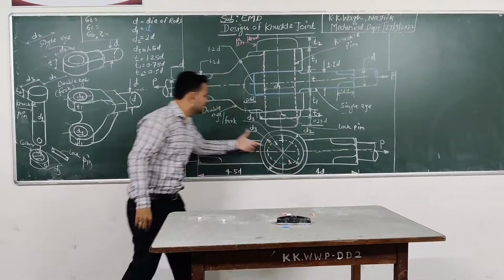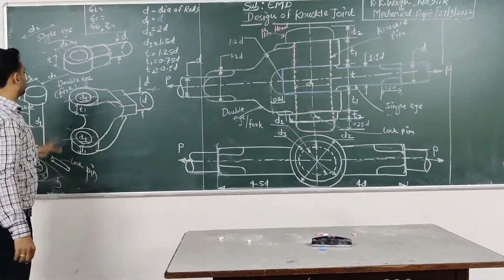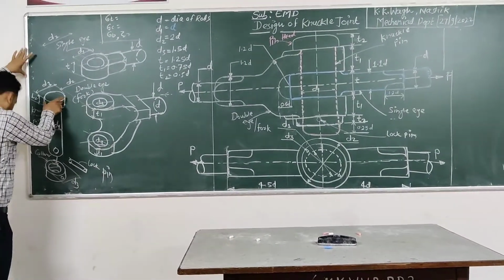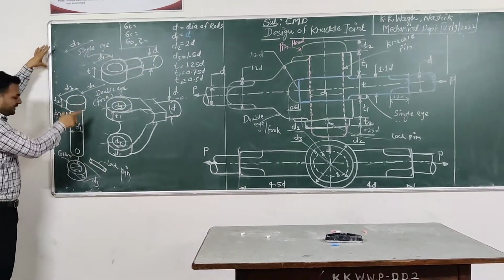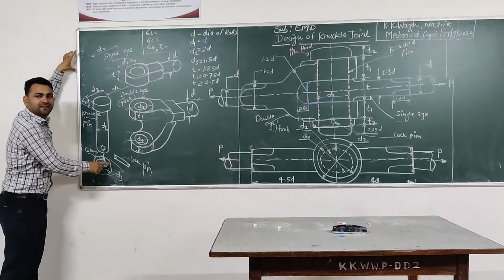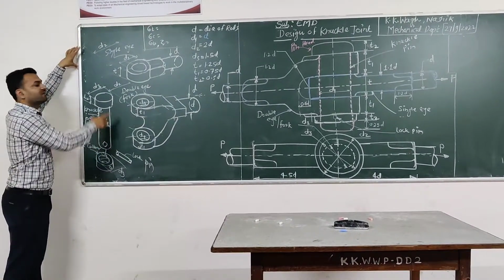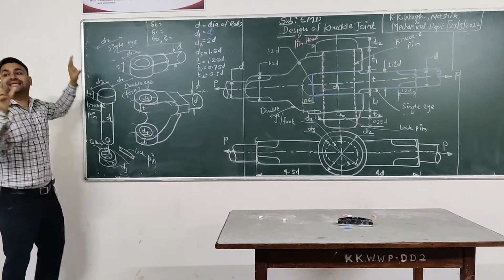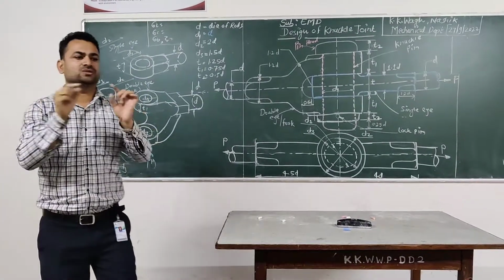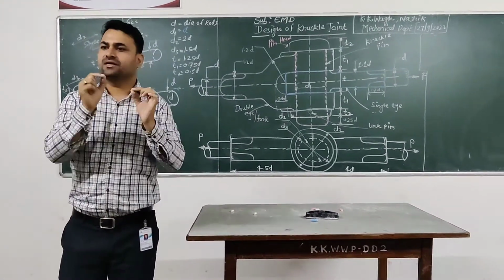Here pin is there, pin head is there, and collar is there. So D3 is the outside diameter of collar, or outside diameter of pin head. The outside diameter of pin head will be equal to what?